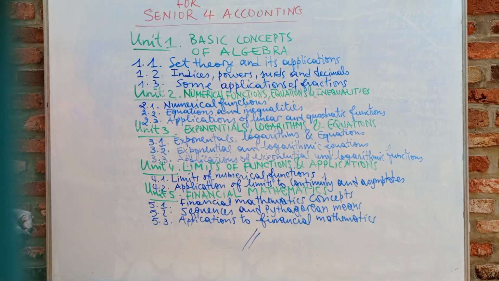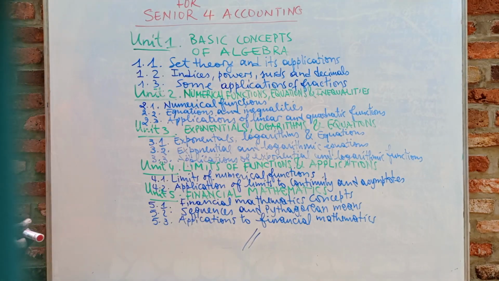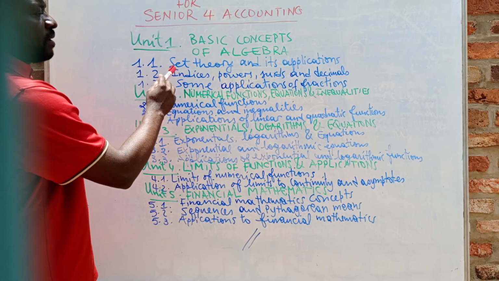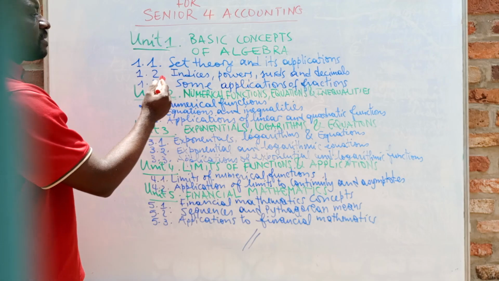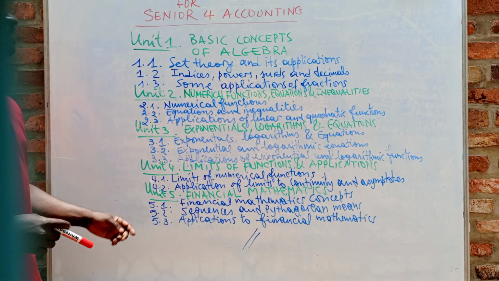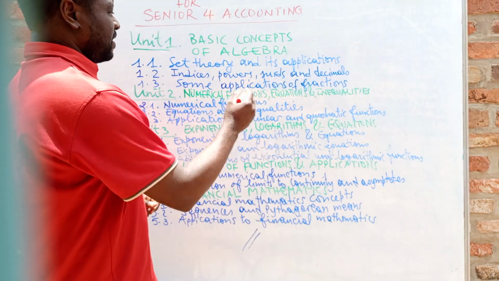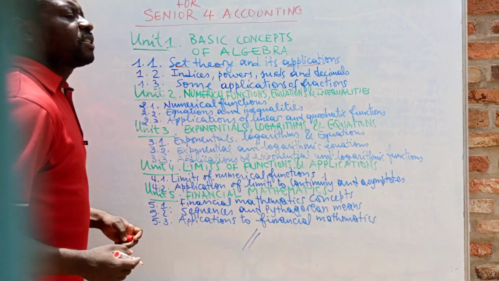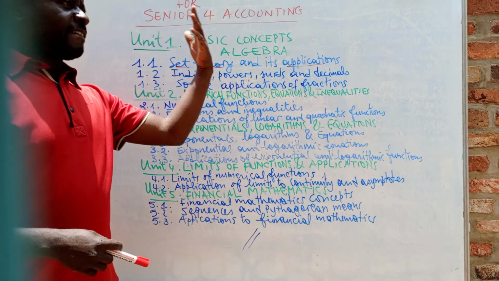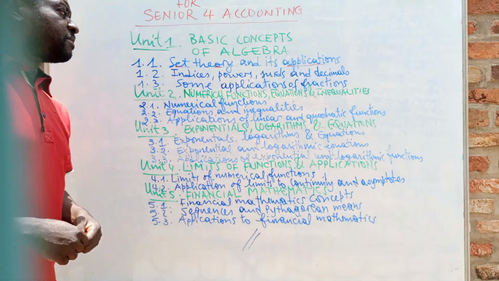Okay, so in unit number 1, we are going to talk about some basic concepts of algebra. The main basic concepts will be about the first sub-unit 1, set theory and its applications. And in this set theory, the application will be in problems involving finance, accounting, or just economics.